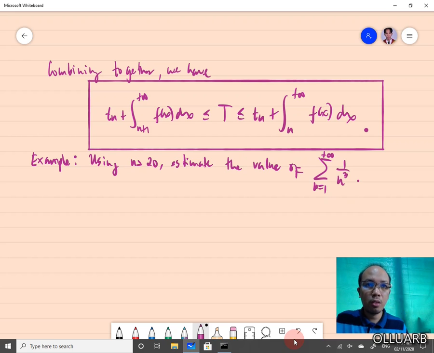We know that this is a p-series, and p is 3, so therefore this is convergent. Okay, so this converges to a sum.